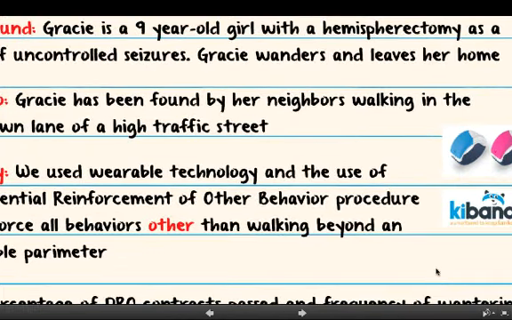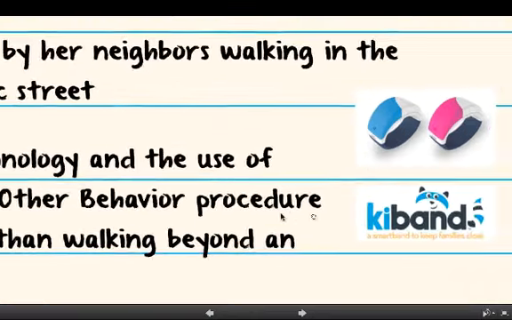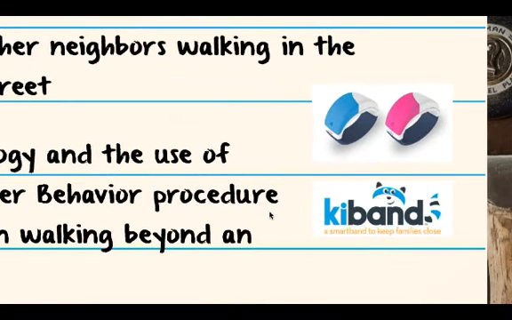So what I selected as an intervention is a smart band that Gracie wore. It's called a K-band, and it's a smart band that allows for the monitoring of an individual. This is a band that goes around the wrist, cannot be removed by the child. It was something that was aesthetically pleasing to Gracie. She actually liked the band.